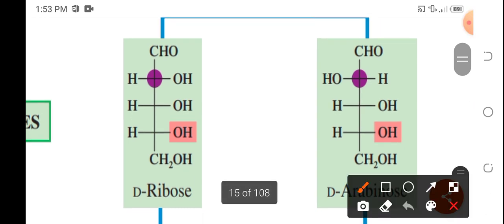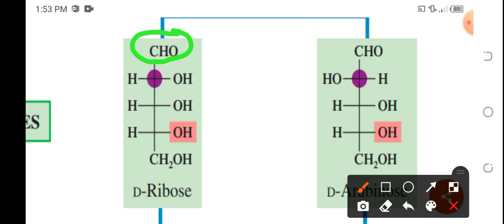Okay, paano yan? Ito ang ating carbonyl. Nasa dulo siya. That's the C double bond O. Kaya naging CHO.